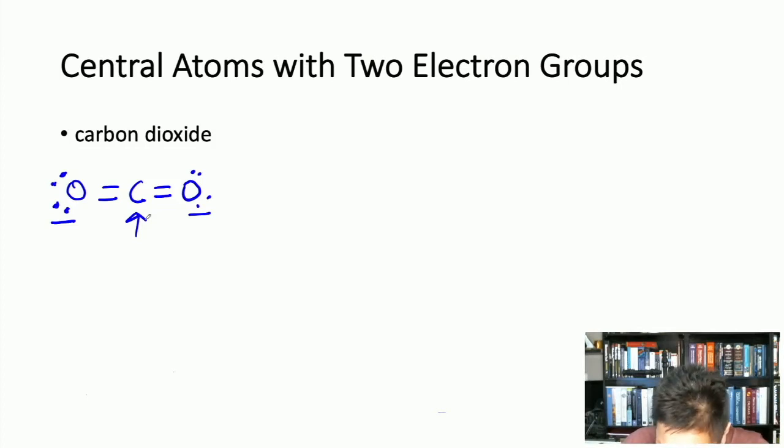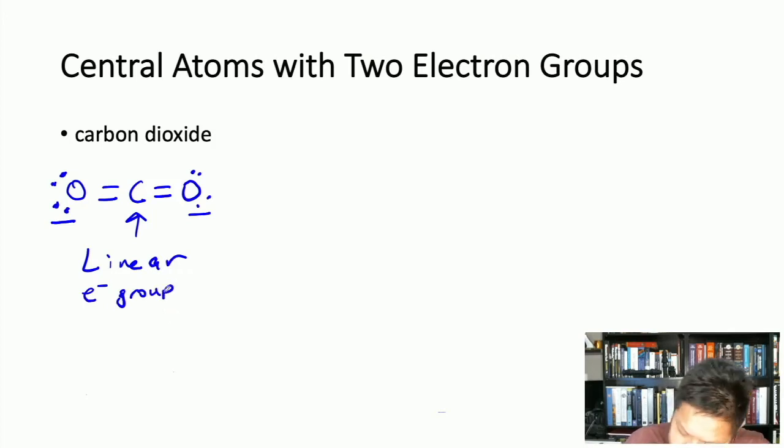This is actually a very accurately drawn Lewis structure, and so we call carbon dioxide to be in the linear electron group. The linear electron group makes sense because it's just a straight line.